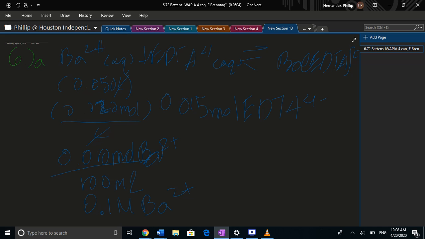And as for EDTA 4-, it's going to be 0.15 molar.